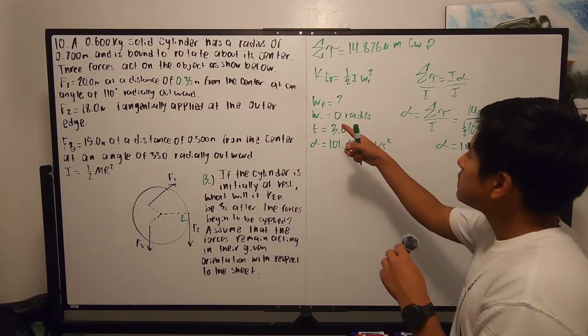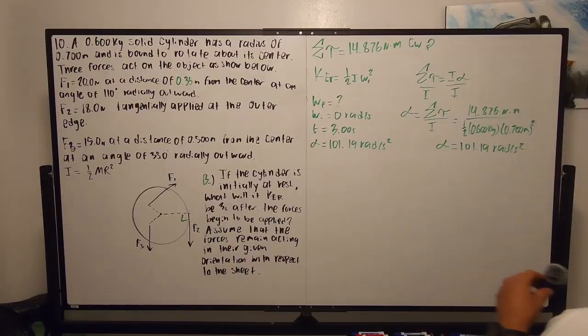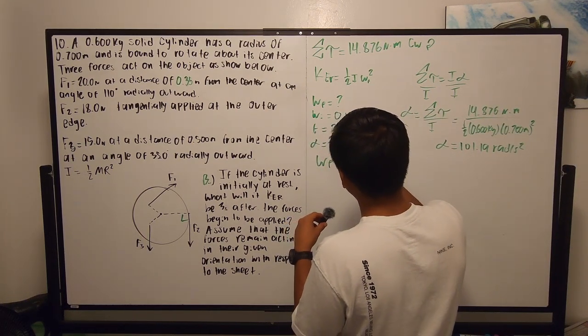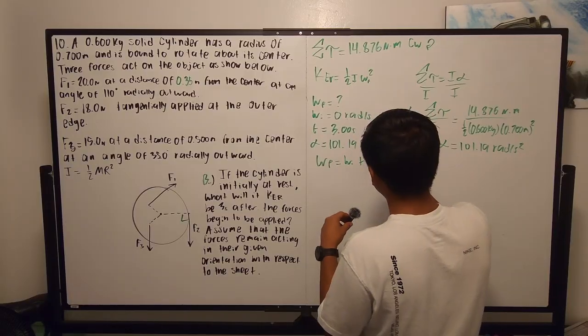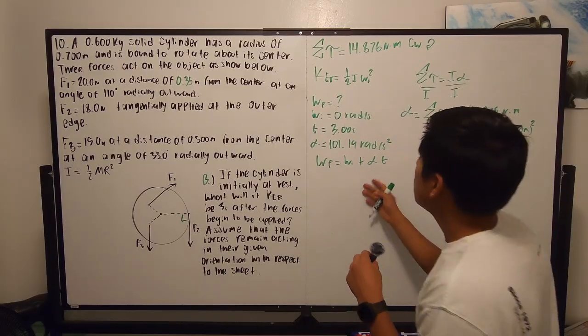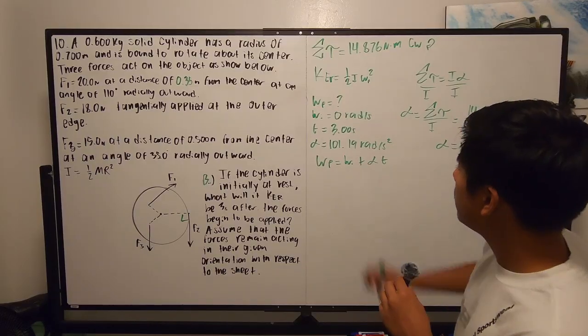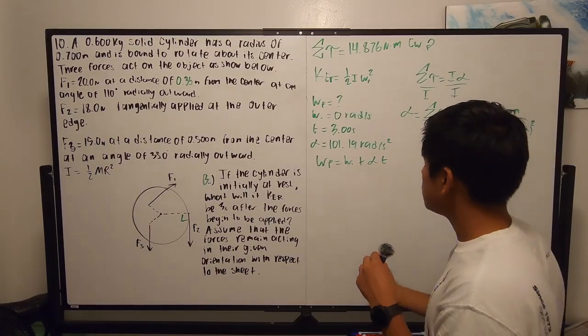Now let's solve for omega final. Using this equation, omega final is equal to omega initial plus alpha multiplied by the time. This is nice because omega final is already isolated and omega initial is 0, so we can cross that out.